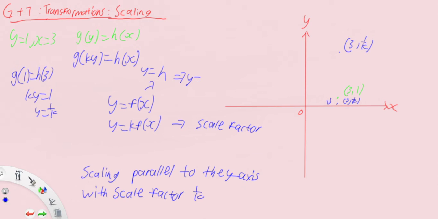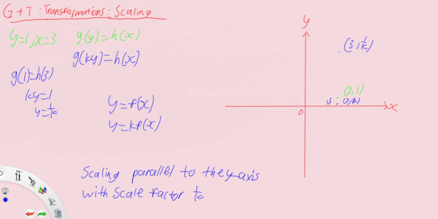Of course, you can also keep it with the original idea of looking at what happens to y. Instead of applying the constant to our f(x), we apply the constant to y, we get y over k. So 1 over k, basically the reciprocal, is scale factor k. Alright, so that's another way to look at it, and up to you, pick your battles. If you want to stick to one way by looking at the reciprocal as the scale factor, then go ahead.